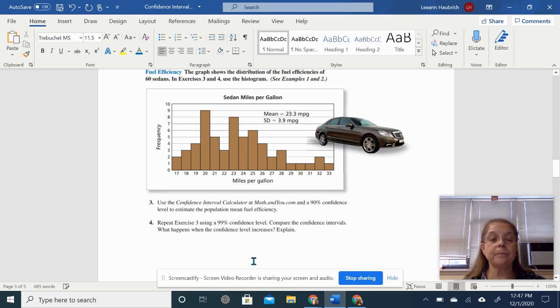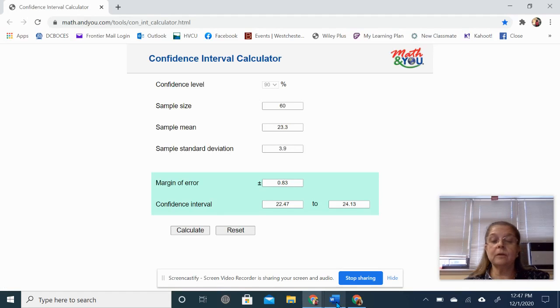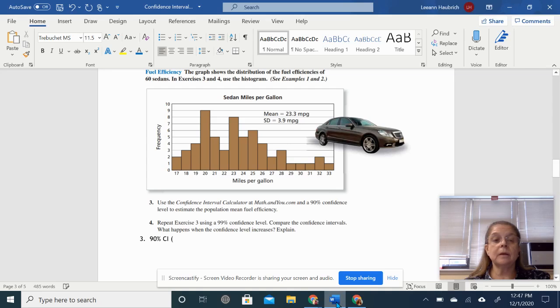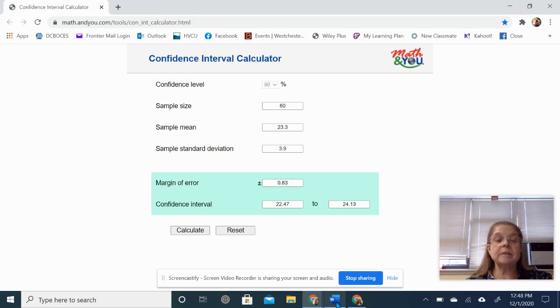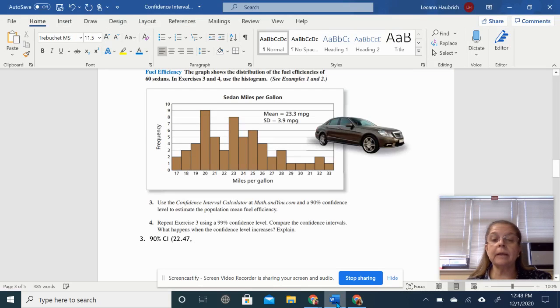So for number 3, at a 90% confidence interval, the low value will be 22.47 miles per gallon. Use a comma to separate the low from the high, 24.13.